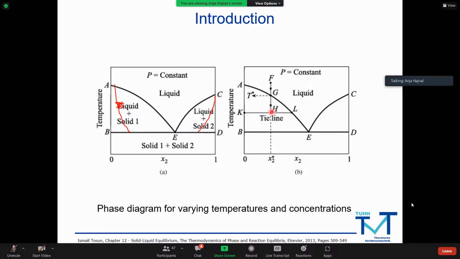And we can determine the masses of the phases by a simple lever rule. I will not be repeating it because we've done this, but the principle is the same. The mass of the liquid phase is proportional to the length of this line over the length of the whole tie line, while the mass of our crystal phase is proportional to the length of this section of the tie line over the whole tie line. So the principle is the same, and we would be reading the composition here at the bottom.